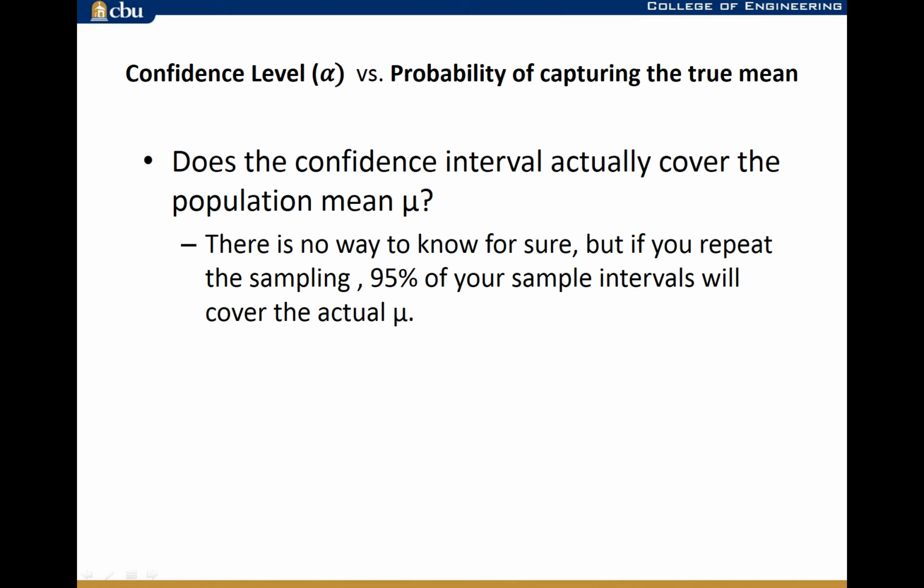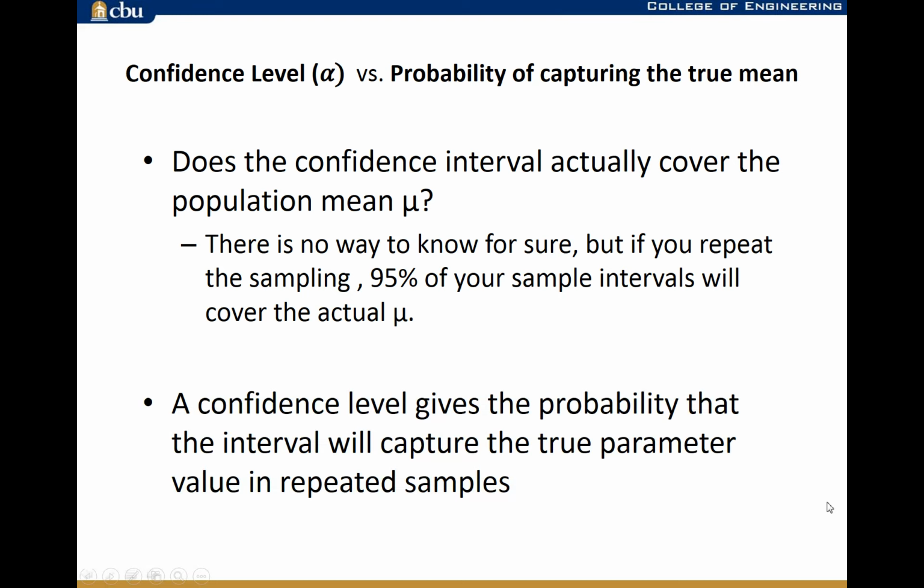But if you repeat the sampling, then 95% of the sampling intervals will cover the actual mu. So the confidence level gives the probability that the interval will capture the true parameter value in repeated samples.